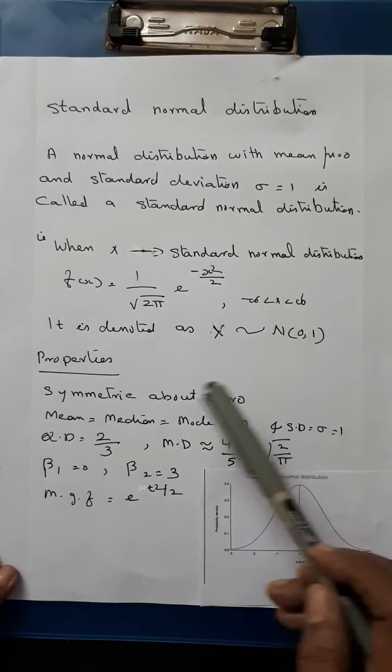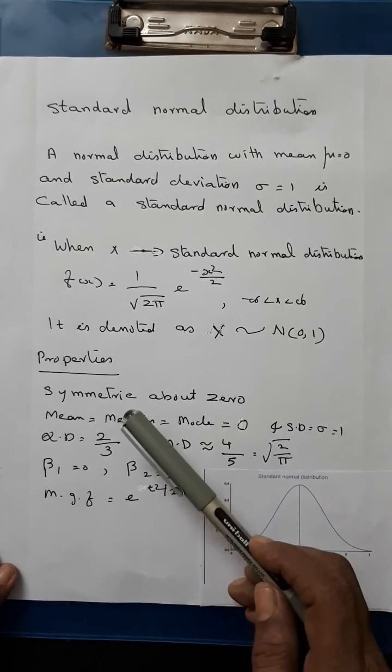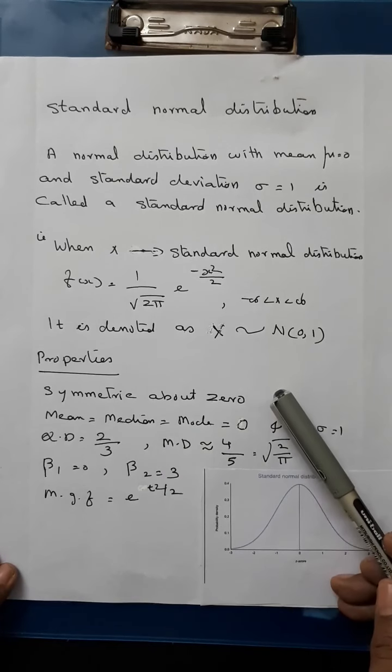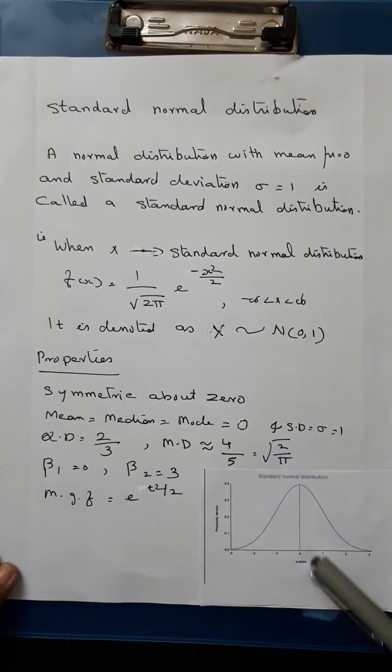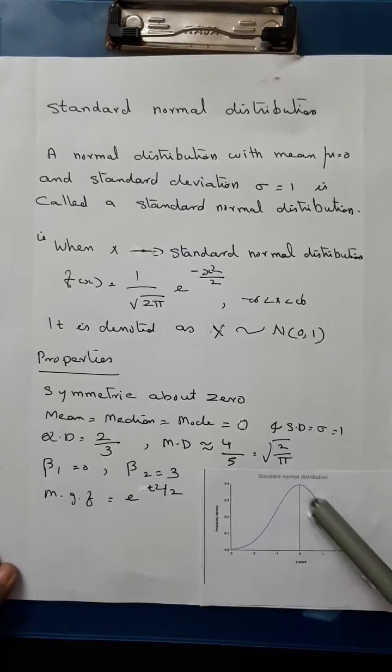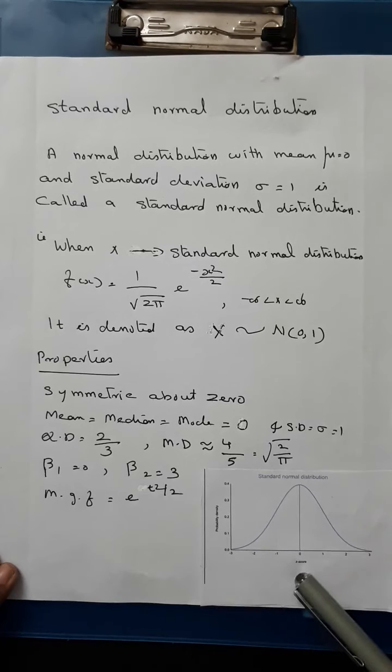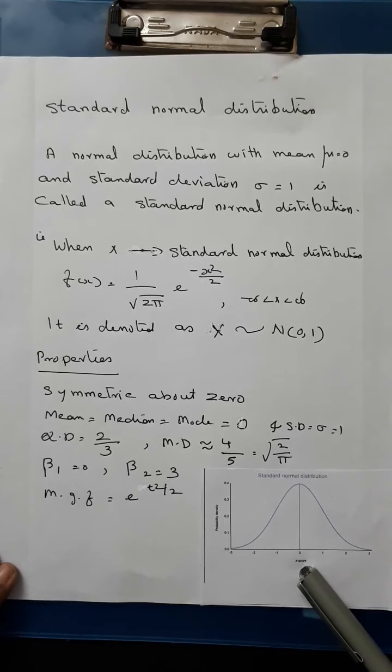Now let us think about the properties. Symmetric about 0. That is, this is the graph of a standard normal distribution. It is symmetric at x equal to 0. Mean, median and mode are equal to 0, coinciding at 0.